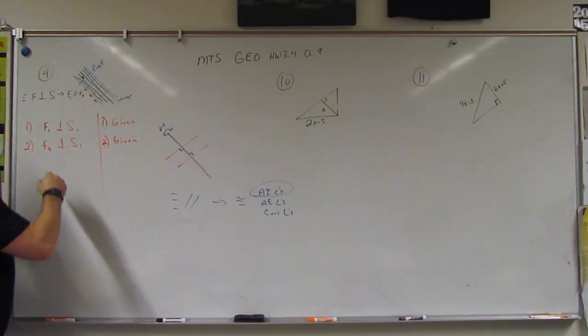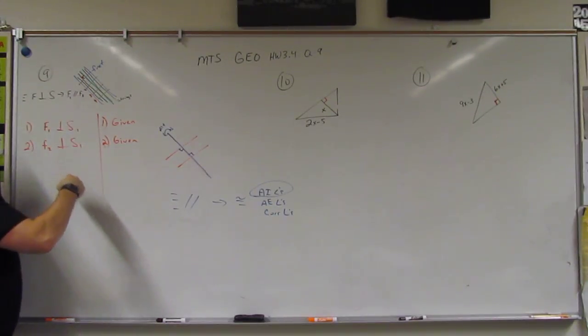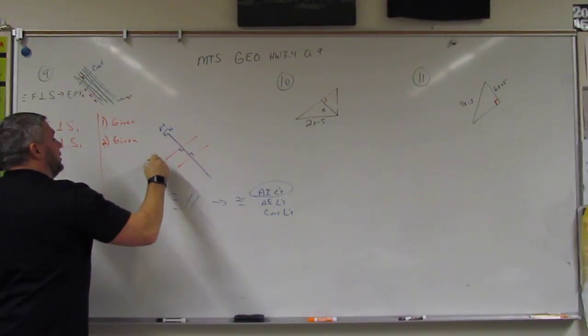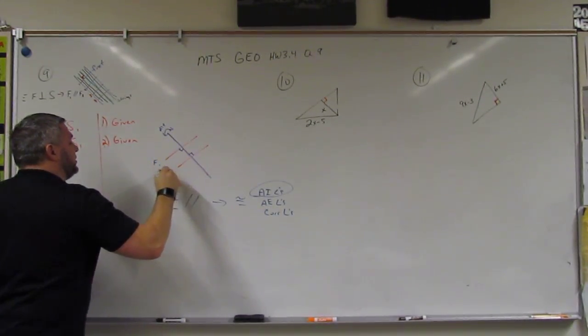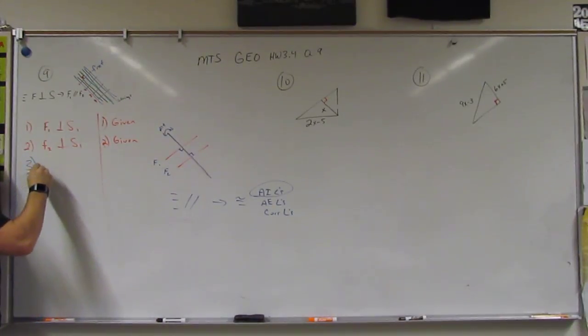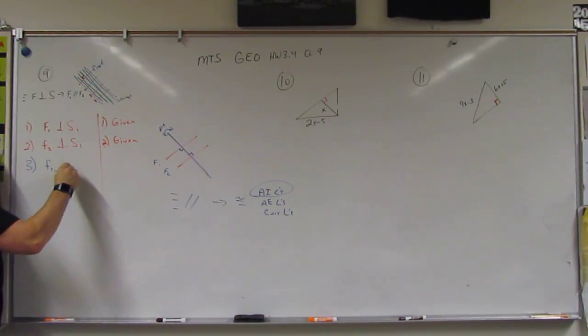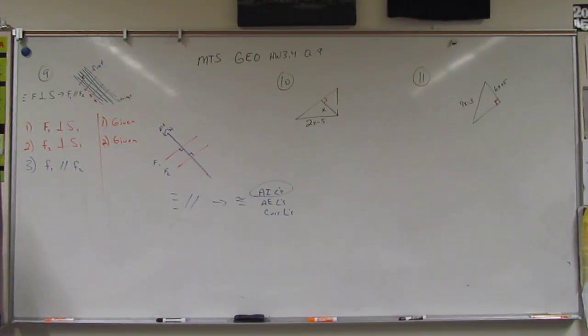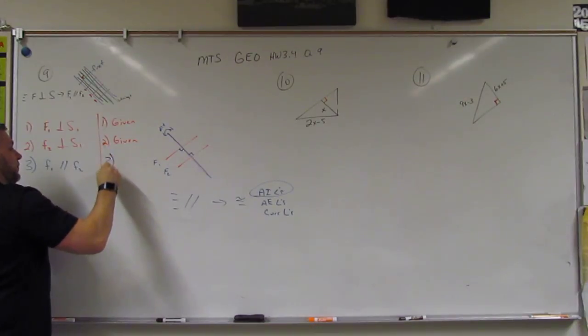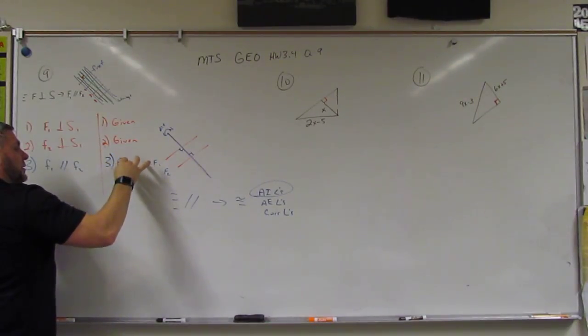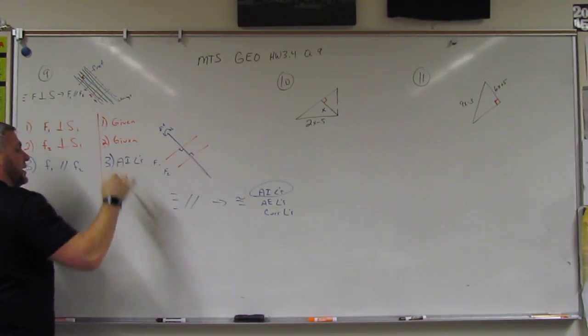Okay? So what I'm saying is that fret 1 and fret 2 are parallel, right? Because of what? Alternate interior angles.